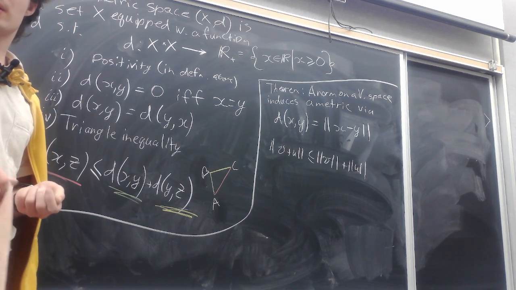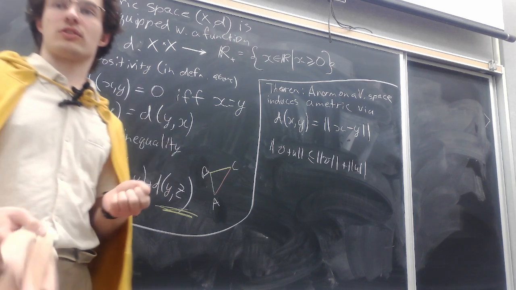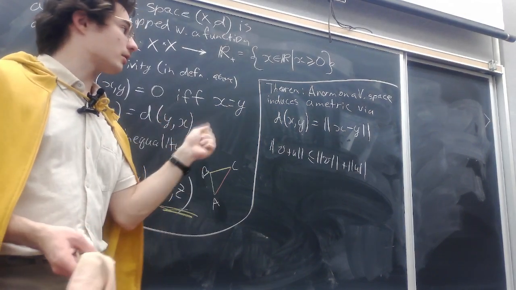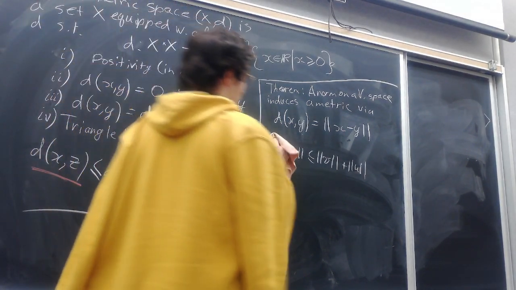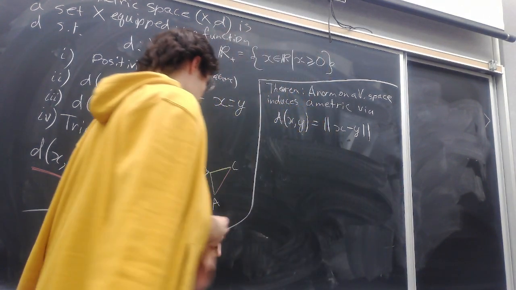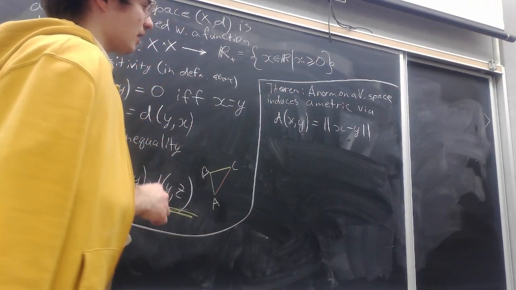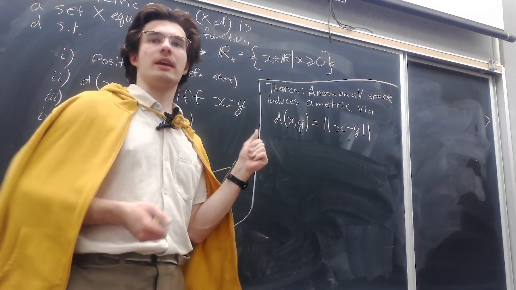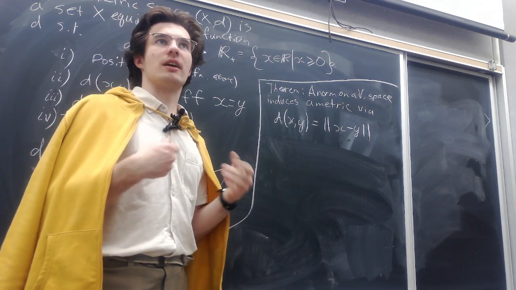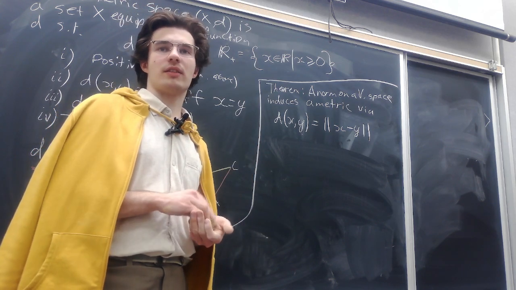So a metric space doesn't need to be a vector space, but norms are defined only on vector spaces, because the whole point of a norm is this nice thing that works well with the addition and multiplication structure you have on the vector space.